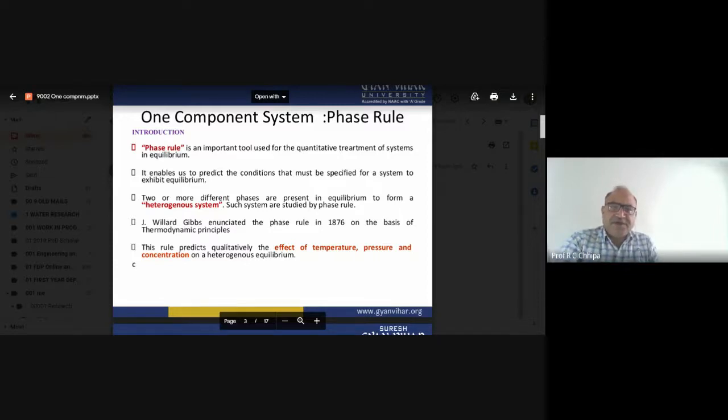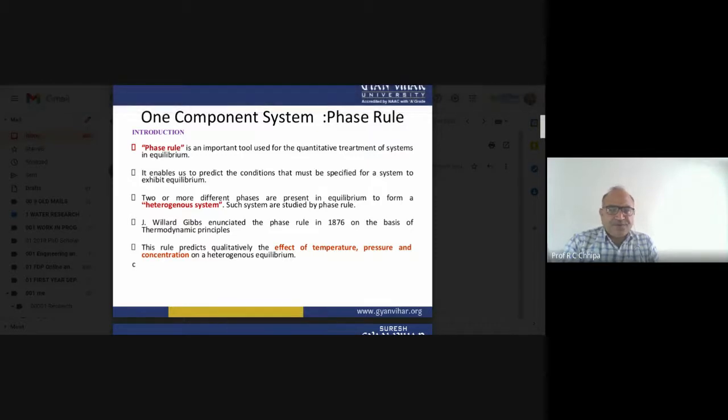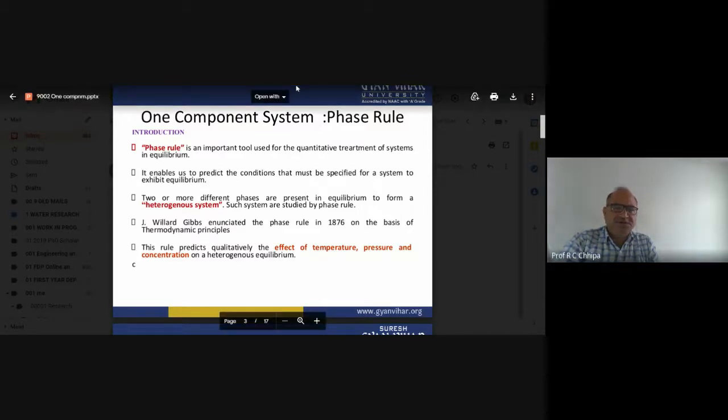So that is the relation we have. Here this rule predicts qualitatively the effect of temperature, pressure and concentration on a heterogeneous system.